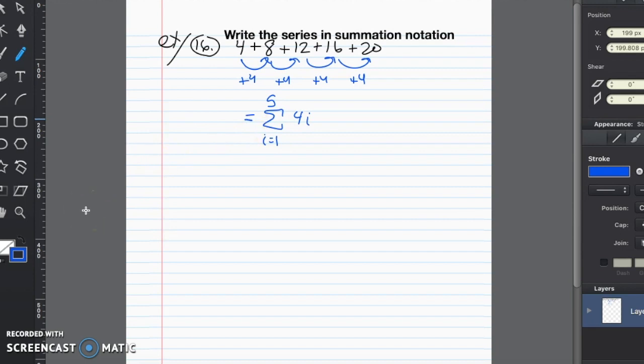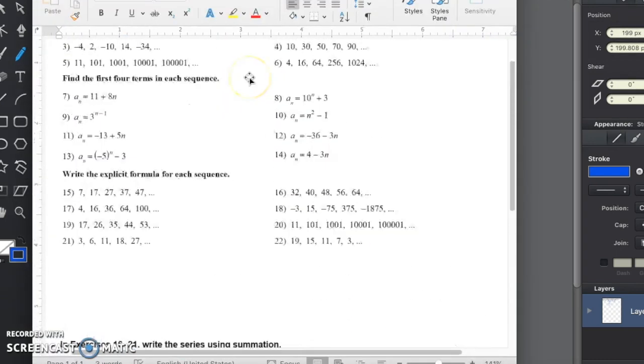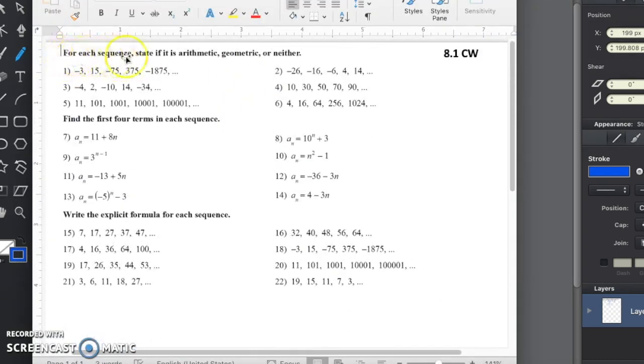One other note on your assignment, there's going to be a part that says for each of the sequences state if it is arithmetic, geometric, or neither, right? So in this section, you're looking to see if you're either adding or subtracting. In fact, subtracting is kind of a version of adding. So if you're adding or subtracting, that's going to be arithmetic.